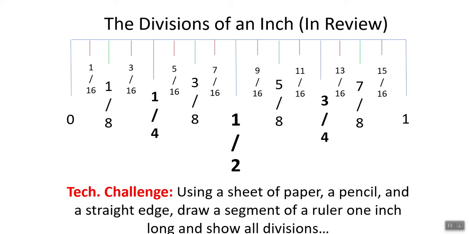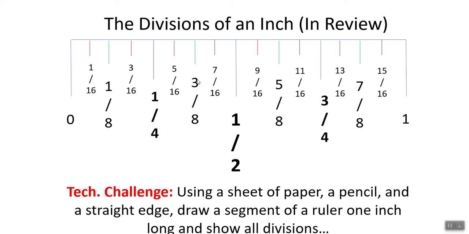This is a good task from now to June 12th. Try to memorize all the divisions from 0 to 1. Now, they repeat themselves after 1. It becomes 1 and 1/16, 1 and 1/8, goes past 3, it becomes 3 and 3/16, 3 and 1/4, 3 and 5/8, 3 and 3/8.